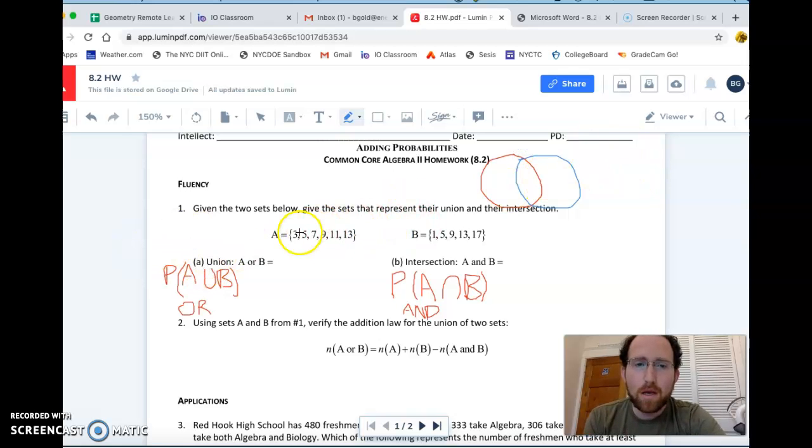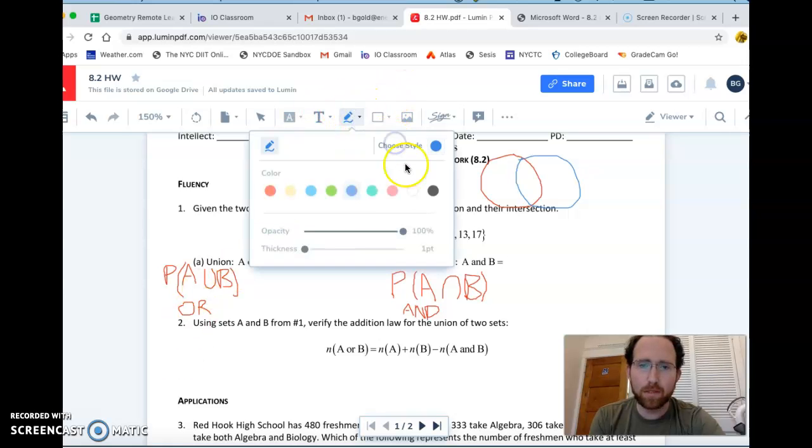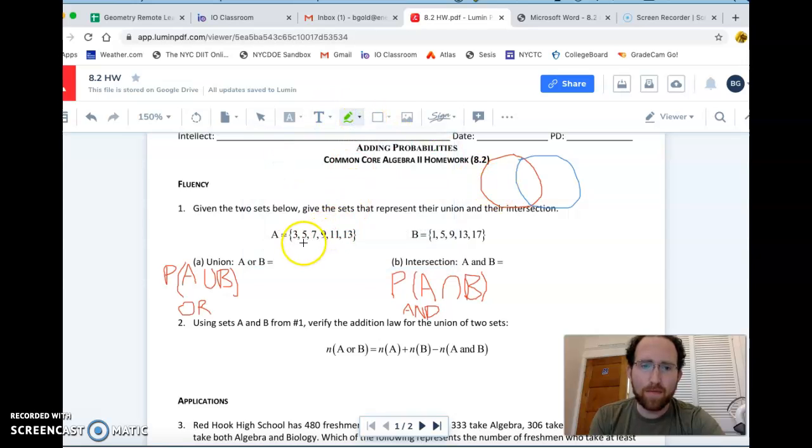We're looking for the numbers that are the same. That's going to go in our intersection. So we look over here, we see 5 and 5, 9 and 9, and 13 and 13. Those are going to be the intersection numbers.